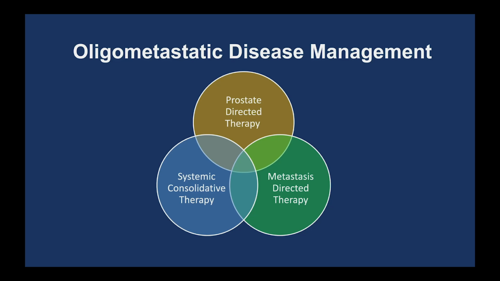And in the context of prostate cancer, the way we think about it is treatment to the prostate itself, and that's prostate-directed therapy here. And then we think about metastasis-directed therapy, which, as Dr. Han just reviewed, includes things like radiation to the metastatic sites. And then we think about how to improve drug therapy for these patients, which I've termed systemic consolidative therapy in this particular setting.